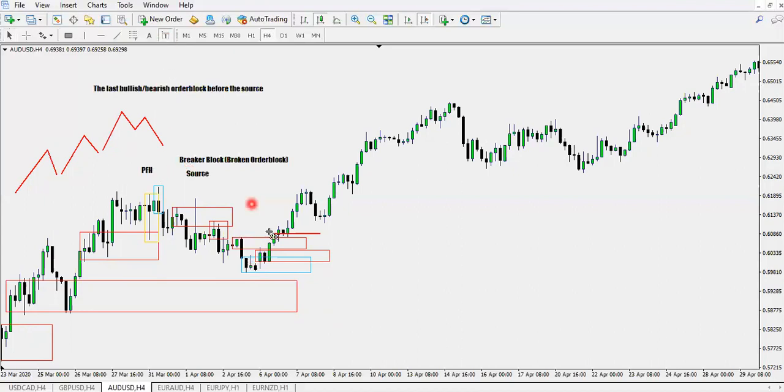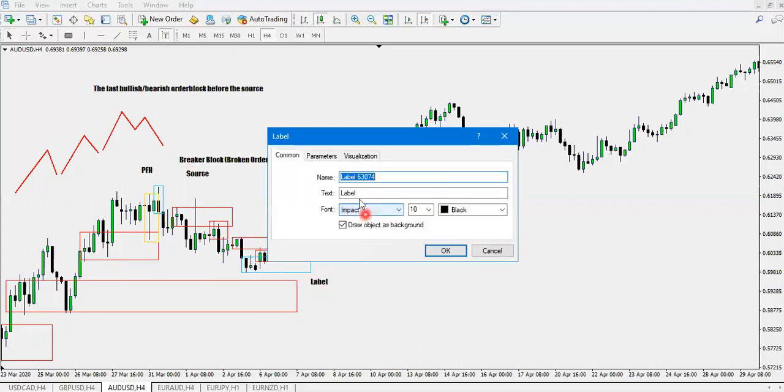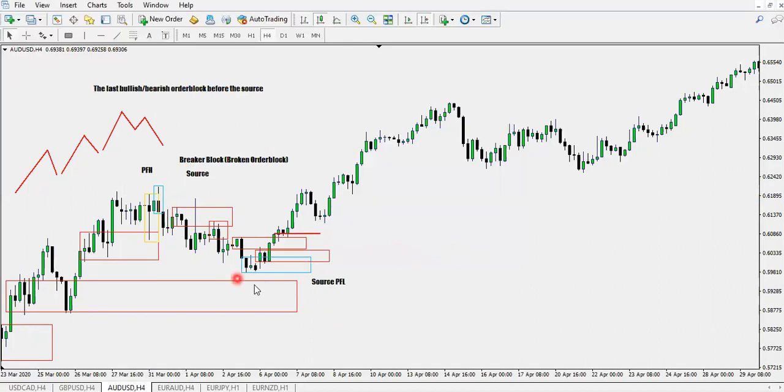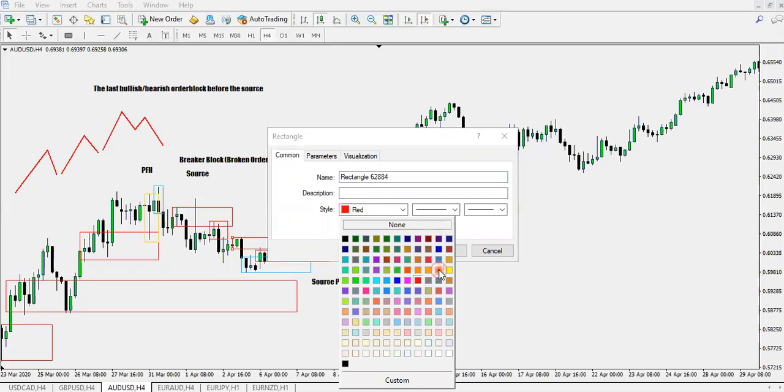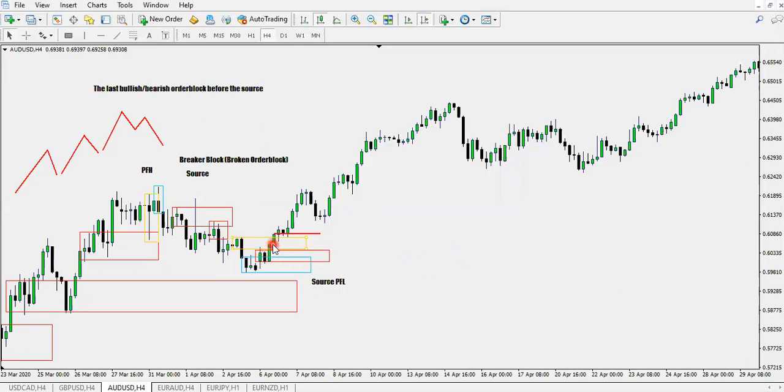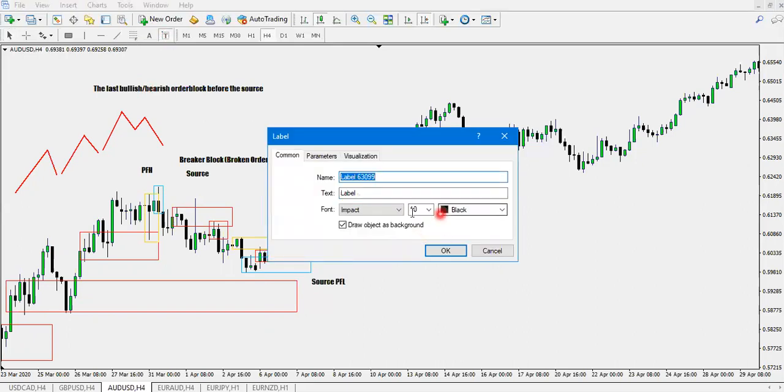The source is our peak formation low. Basically price rallied up, closed outside of this bearish order block, and this bearish order block now becomes our breaker block. So that is now our breaker block right over here.